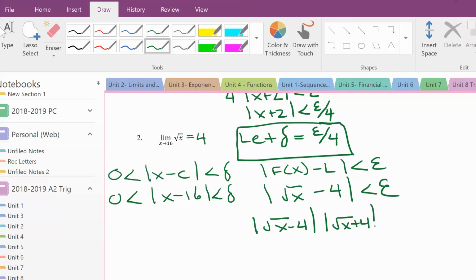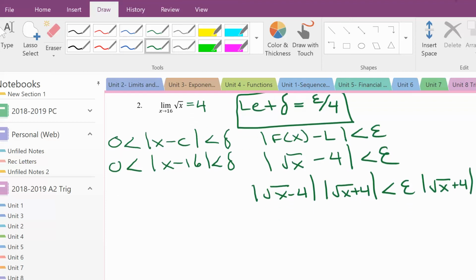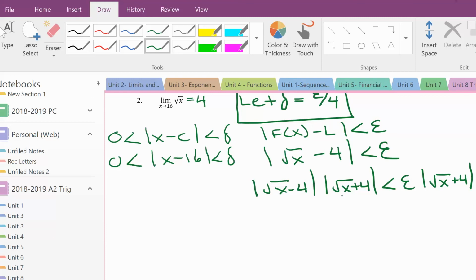But we have to do that to both sides, so that we get the same inequality. So when we FOIL, this is the absolute value of x minus 16 less than epsilon times the absolute value of the square root of x plus 4.